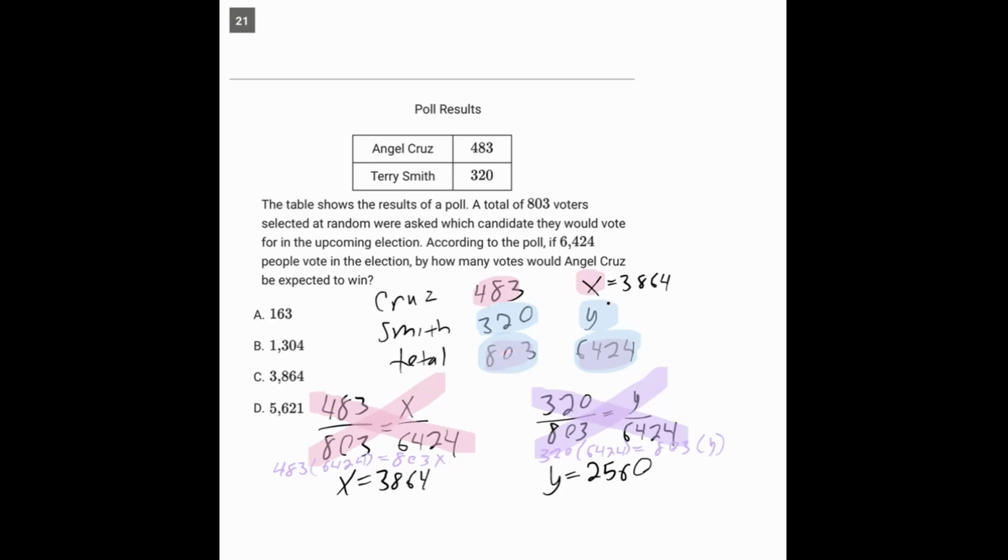So here we have 2,560. And the question is asking us, by how many votes would Cruz win? Well, in the greater population, Cruz would get this number of votes and Smith would get this number. So by how many more would this guy win? That's a question of subtracting the two numbers, 3,864 minus 2,560. Subtracting those on the calculator, and you'll get B, 1,304.